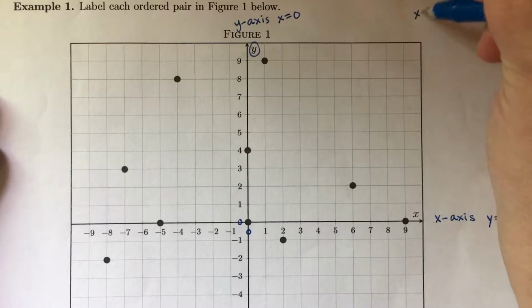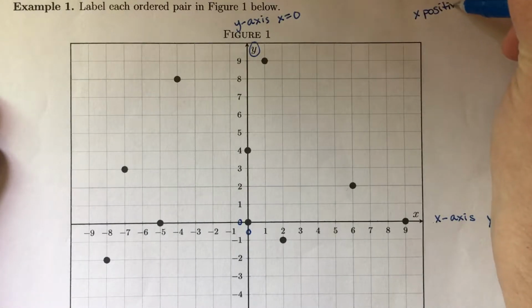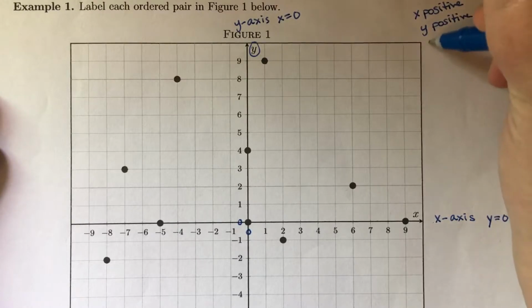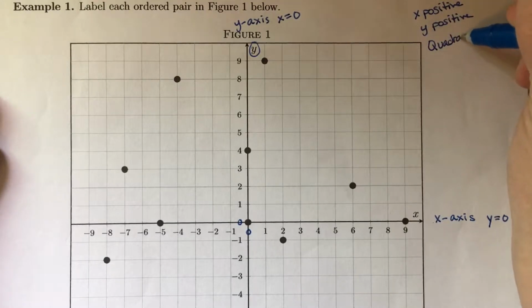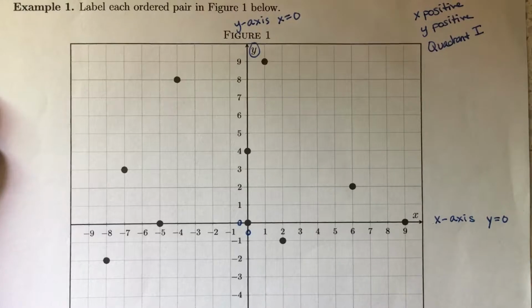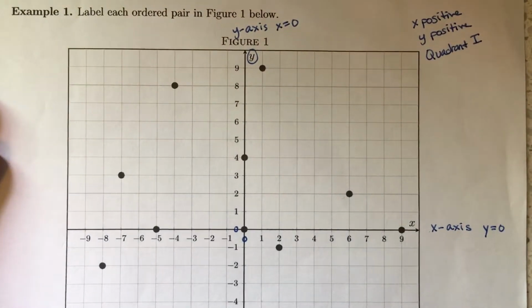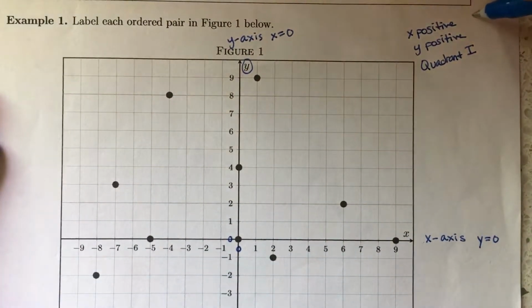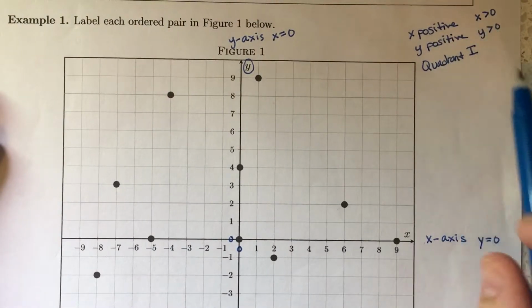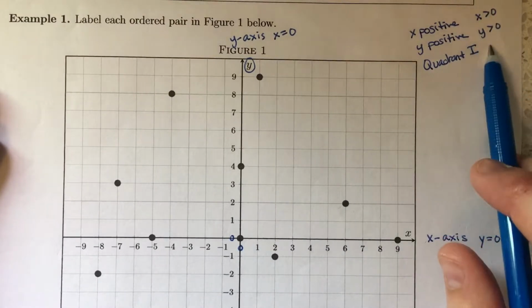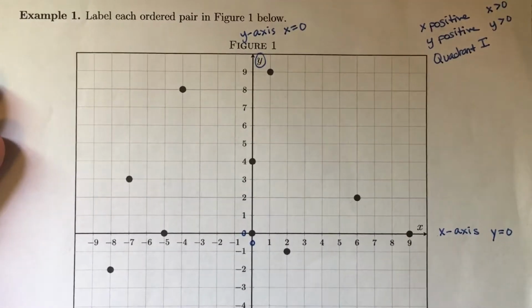So if x is positive and y is positive, then we're in quadrant 1. Another way to say positive, in this case, is to say x greater than 0 and y greater than 0. So that means the same thing. Being positive is being greater than 0. It's just sort of a quicker way to say it.